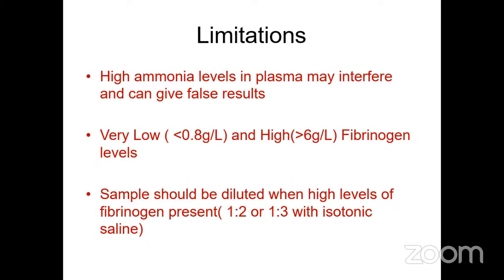Very low and very high levels of fibrinogen can give chances of false results. If fibrinogen is more than 6 grams per liter, you should dilute the sample in 1:2 or 1:3 ratio, based on the value of fibrinogen, with isotonic normal saline.